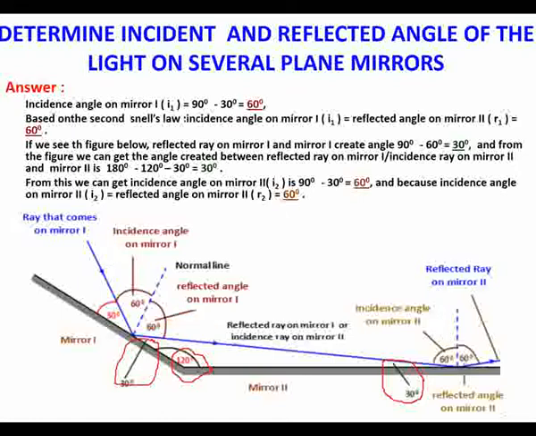So this angle on mirror 2 equals 60 degrees. Using the second law of reflection, that the incidence angle equals the reflected angle, we can say that the reflected angle on mirror 2 equals 60 degrees too.